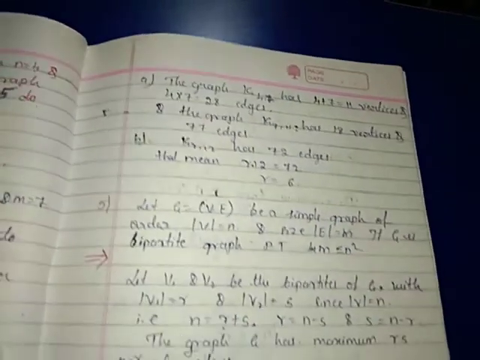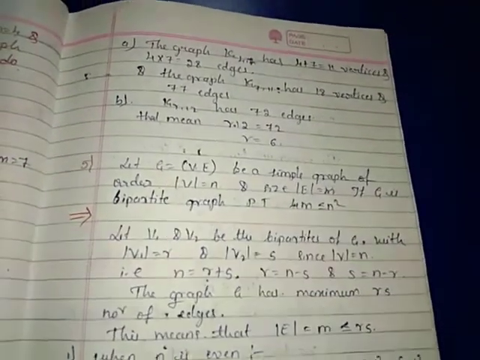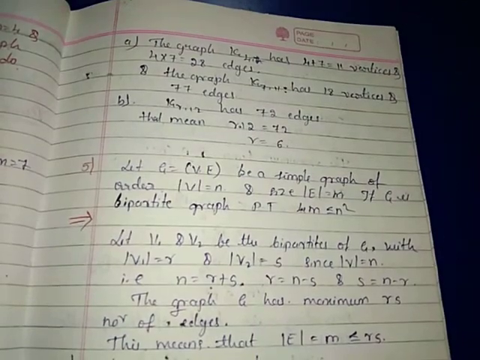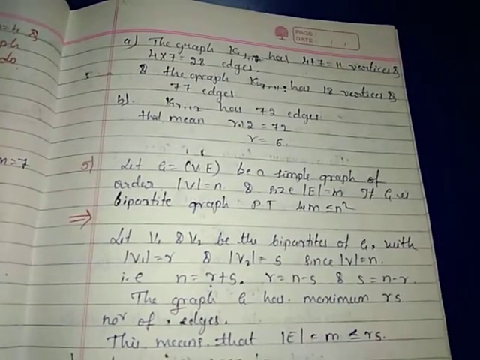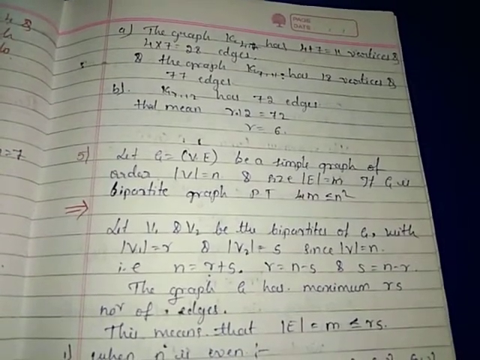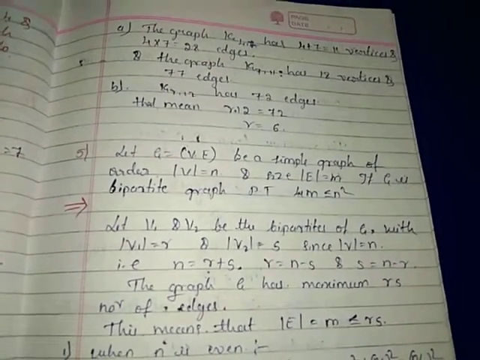And next, come to the next example here. Let G equal to (V, E) be a simple graph of order n, that is, the cardinality of V is n, and the size of the graph is m, meaning the cardinality of E equals m.